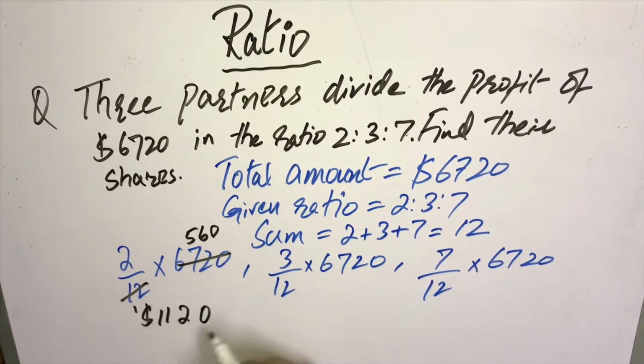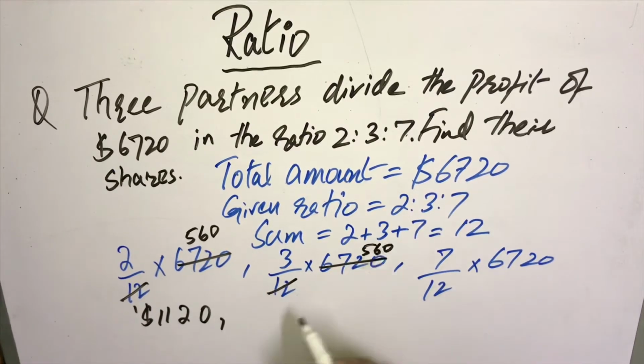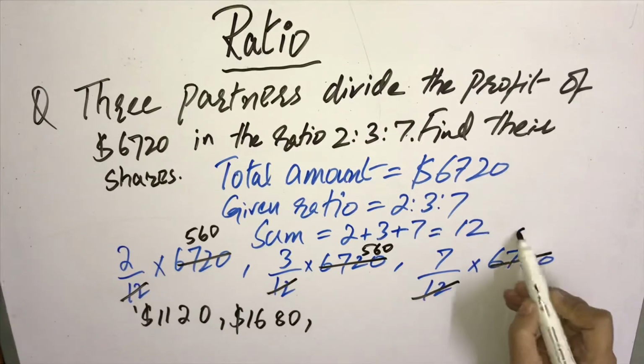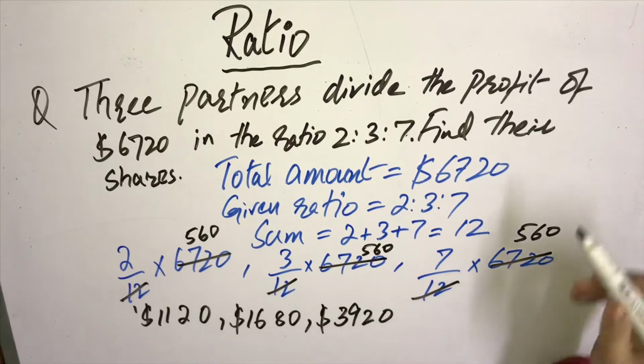$1,120. The second quantity is 1,680, and the third quantity is $3,920.